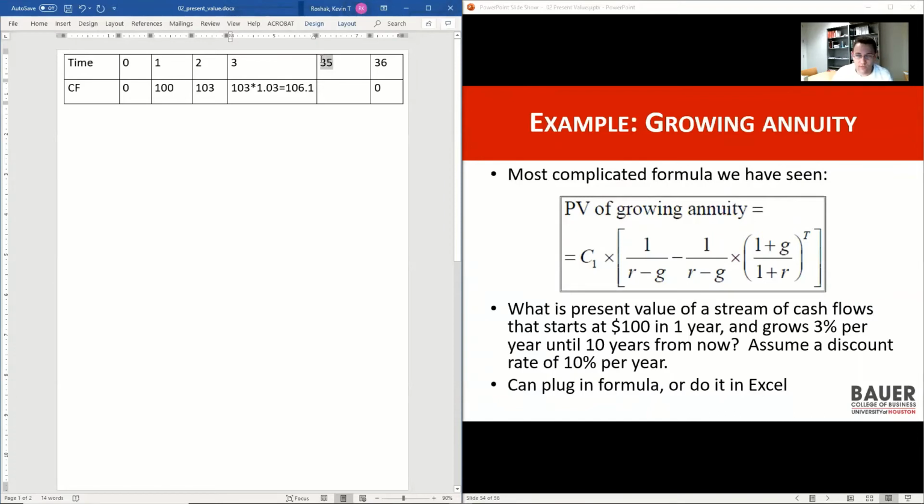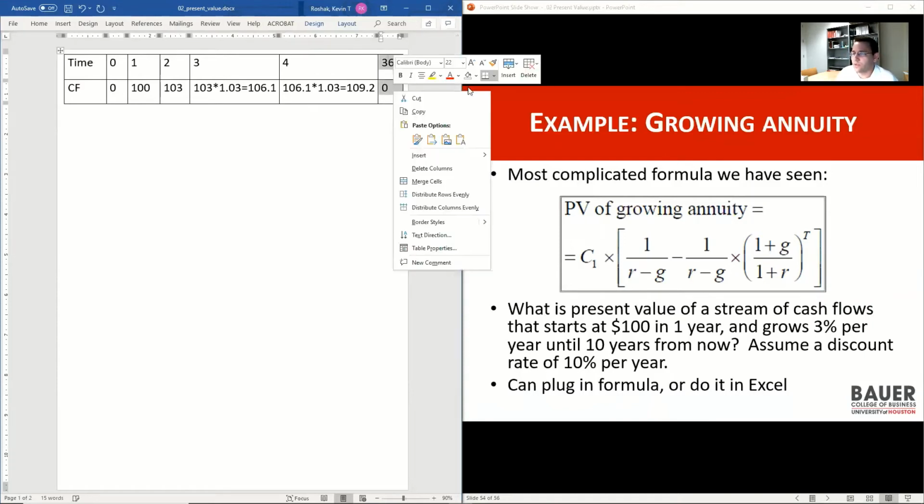Okay, so let's do it for time 4. What's the cash flow going to be at time 4? Well, it was 106.1 at time 3, and then you got to grow that again at 3%. I don't know what that is off the top of my head. Something like 109.2, something like that. Okay, then we're going to have 10 cash flows.